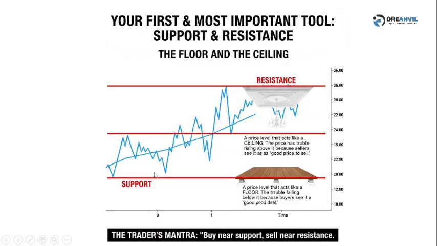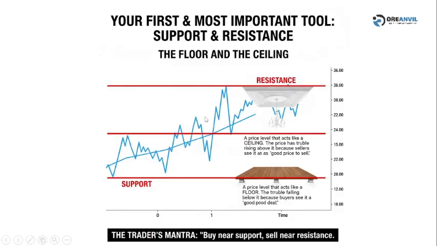And when price comes to this support, the only thing it can do is to bounce to the upside. So price bounces between these two levels over and over again. Every time it touches the ceiling, it often falls back. And every time it touches the floor, it often bounces up.